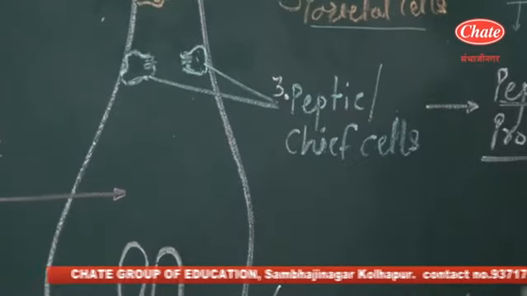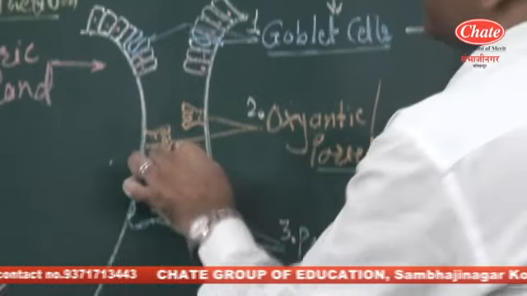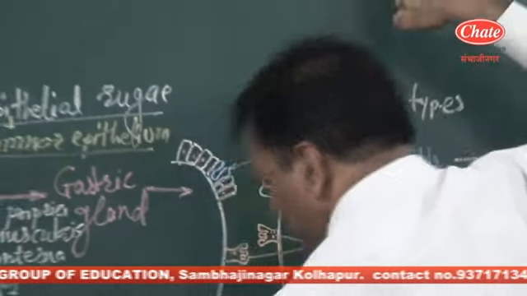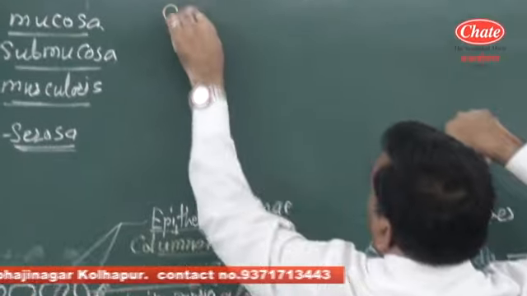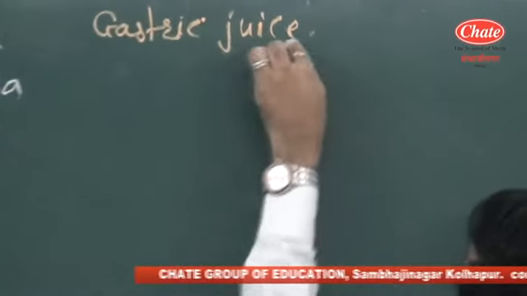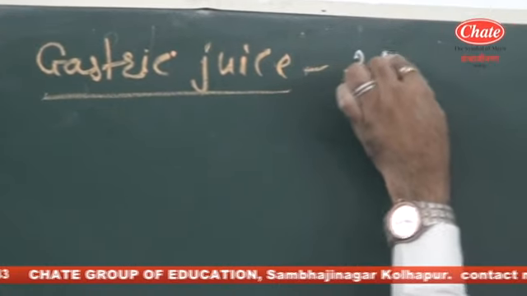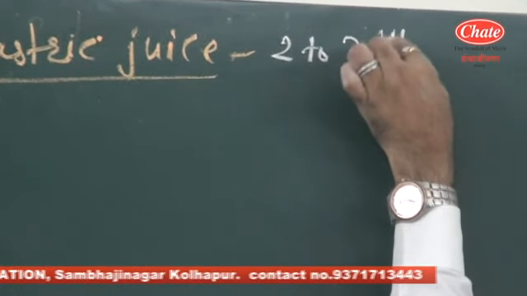Now concentrate on the concept of gastric juice. The gastric juice secreted by the gastric glands is about 2 to 3 liters per day.